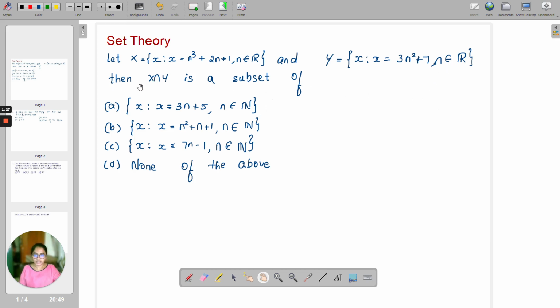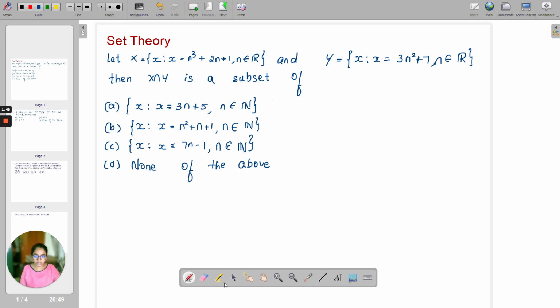They are saying that X intersection Y is a subset of any one of these sets, or none of the above can be a subset of X intersection Y. It is our job to find it.